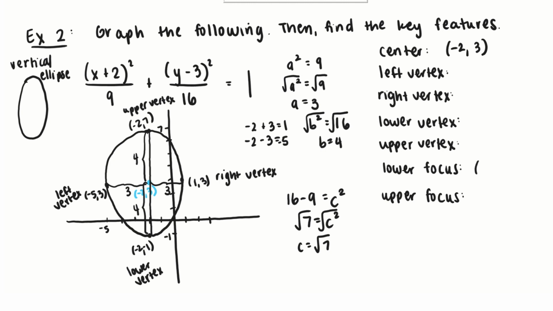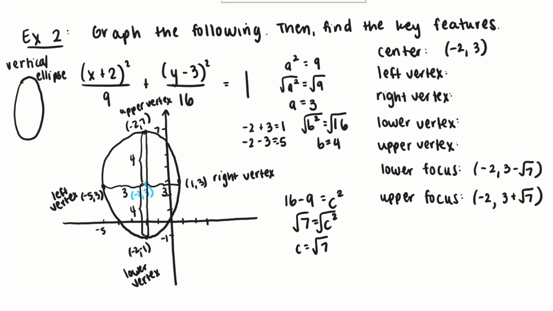So my lower focus, if I start with my center, it's (-2, 3). Now I'm going to subtract c from the y value of the center, so minus square root 7. And then for my upper focus, I'm just going to add the square root of 7 to the y value of my center.